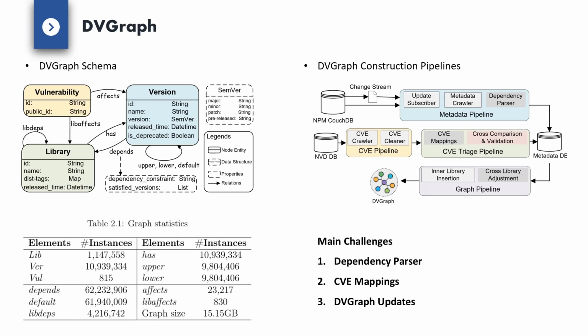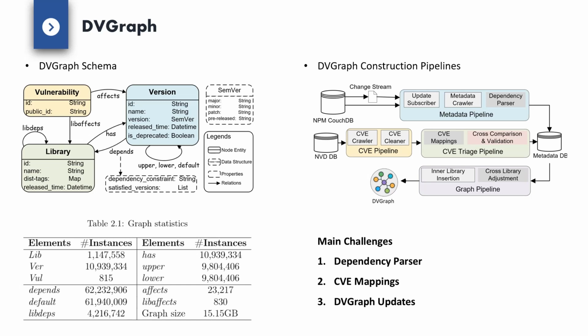The metadata pipeline crawls the metadata of all NPM libraries from NPM registry, and the CVE pipeline retrieves the CVE data feeds from NVD, and CVE triage pipeline is a semi-automated pipeline to assist security analysts to map CVEs to affected libraries and versions. The graph pipeline is used for DV graph construction or update.